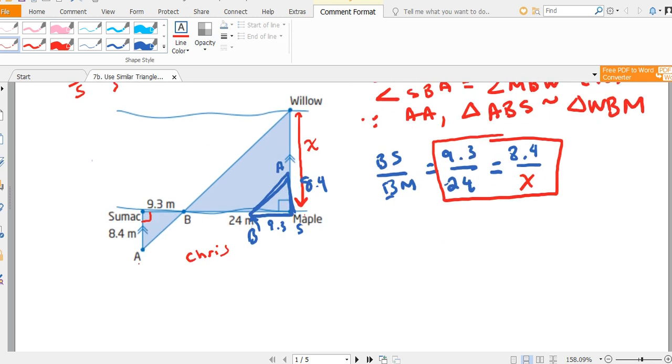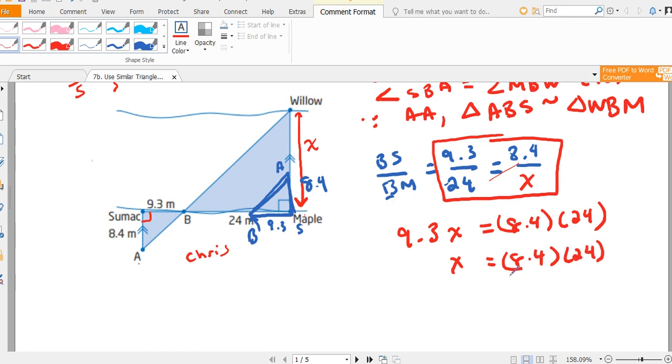Okay, so let's cross multiply. So I have 9.3 times X is equal to 8.4 times 24. So then X would just equal 8.4 times 24 divided by 9.3, which is 21.68.